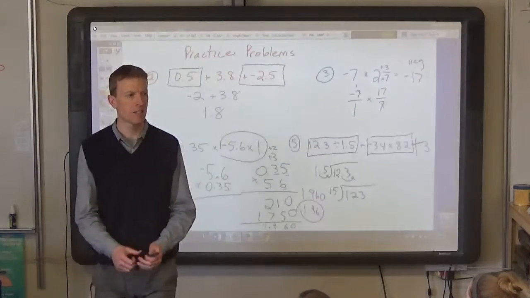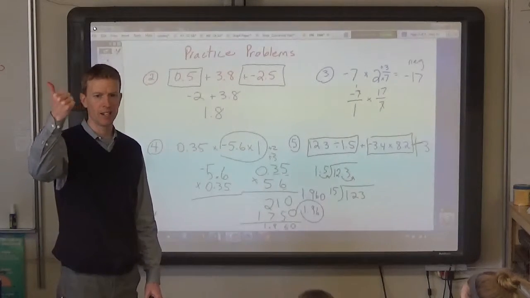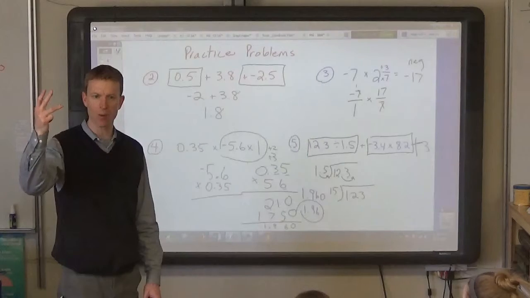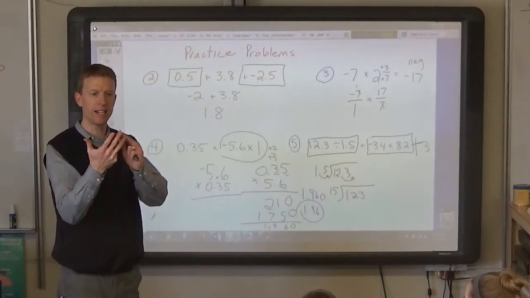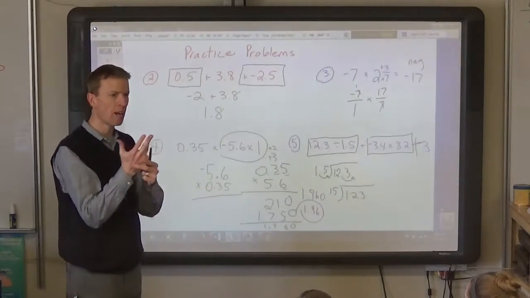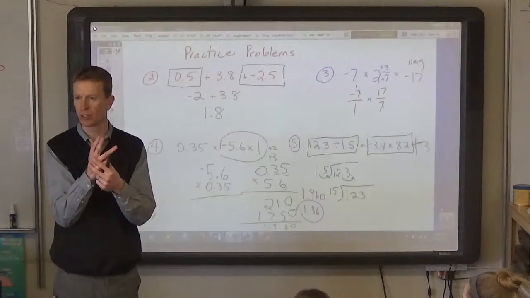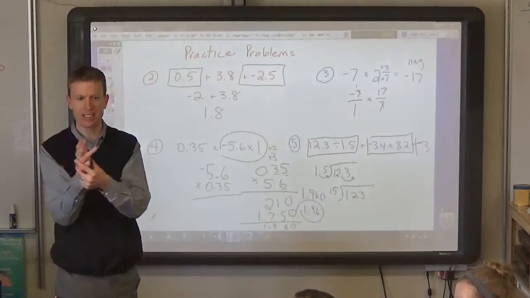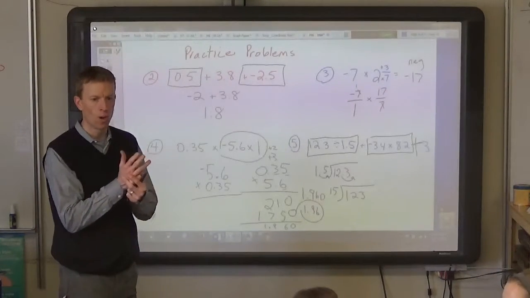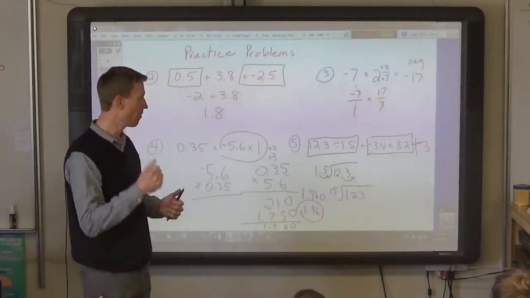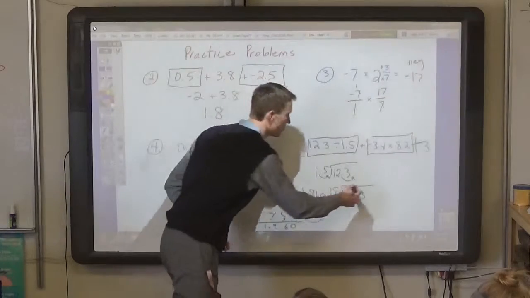Can you count by 15s? 15, 30, 45, 60. Now wait. 60 is 4 times. So what's two 60s? 60 plus 60 is 120. So if we double the 4, we have 8. Let's try 8.